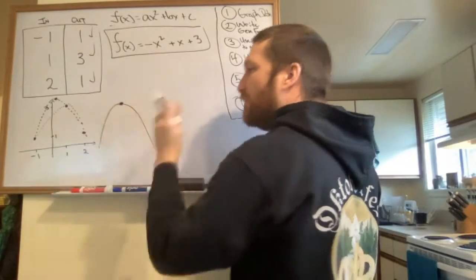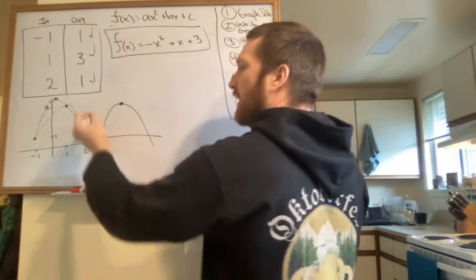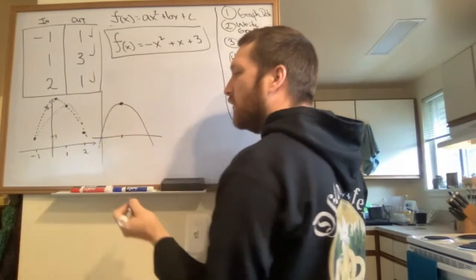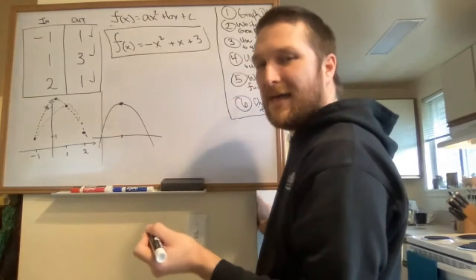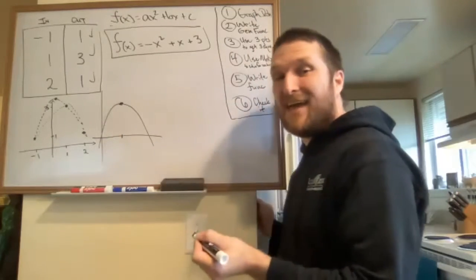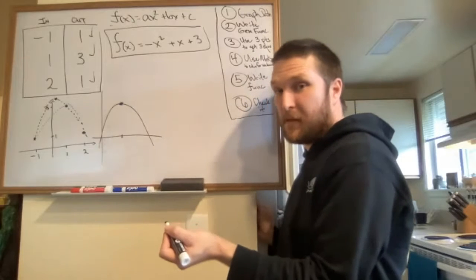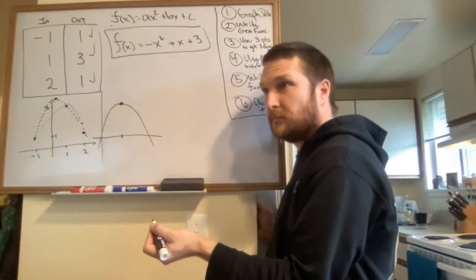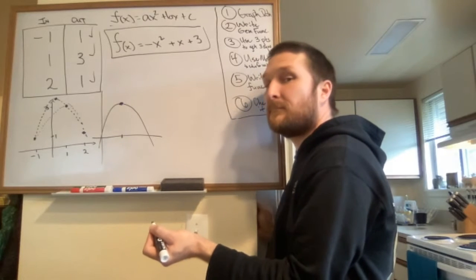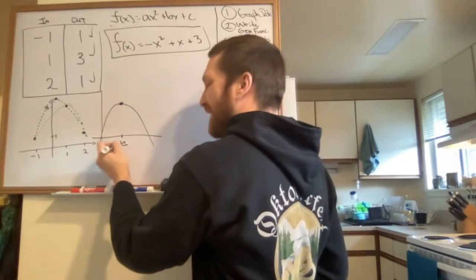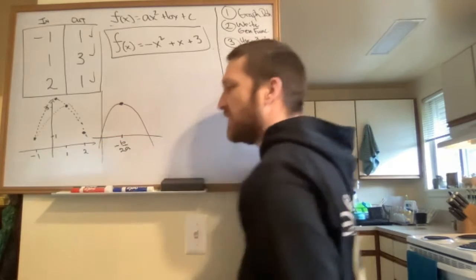That's its very biggest output value that it could possibly have. And we know that the vertex always occurs in terms of B and A where? B over 2A or minus B over 2A? Minus B over 2A. There you go, right?